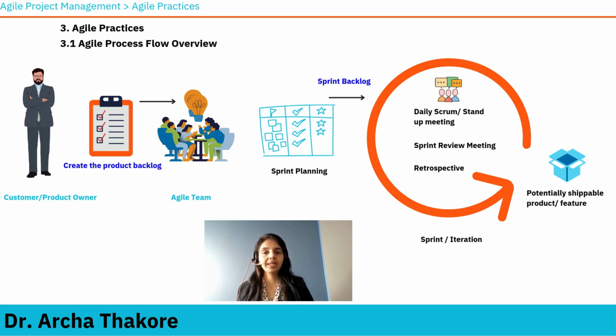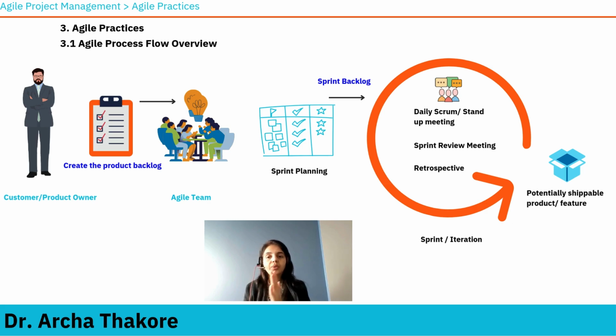Okay, so you're seeing some roles like actors, which is your product owner and your agile team. You see some actions such as sprint planning, and then you're seeing this cycle. We will talk about what is happening inside, and you also see practices. Okay, let me just walk you through this. You will understand more, and then we will look into each of these practices.